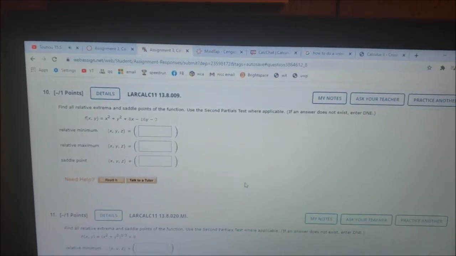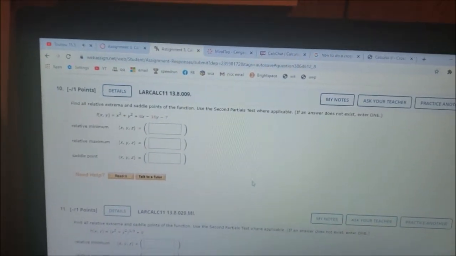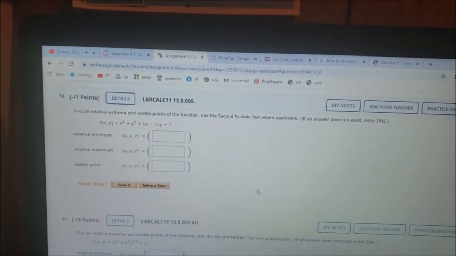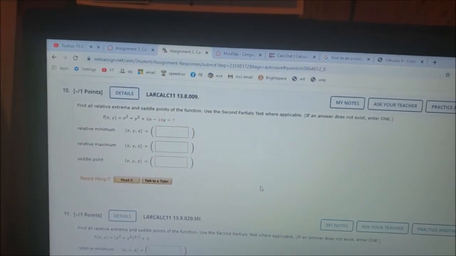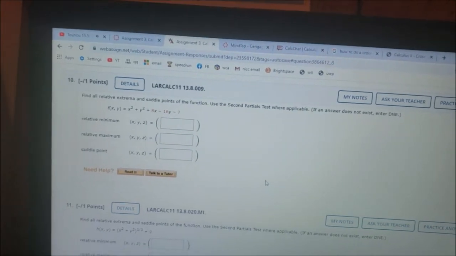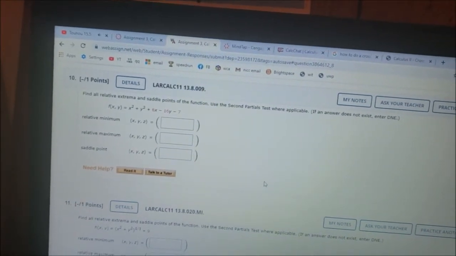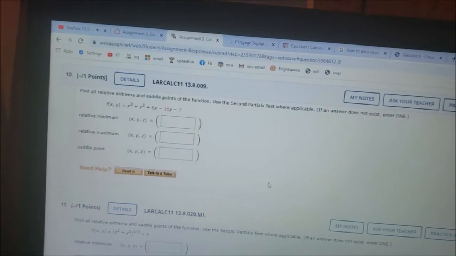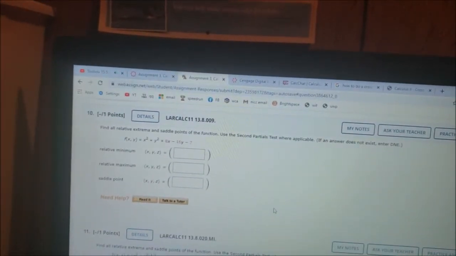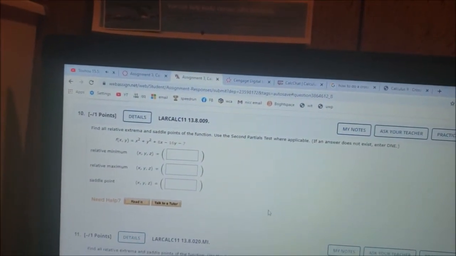Yeah, except that this is now multivariable functions, so different. So use the second partials test where applicable. That's gonna be such fun. So now I have to figure out how to do that by reading the section.